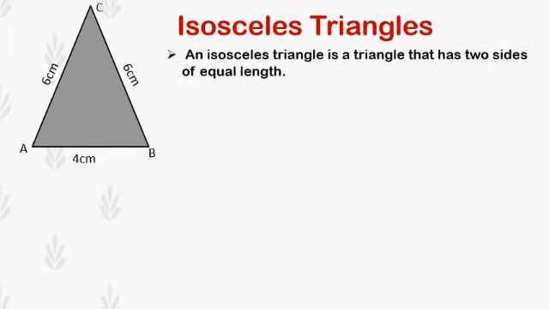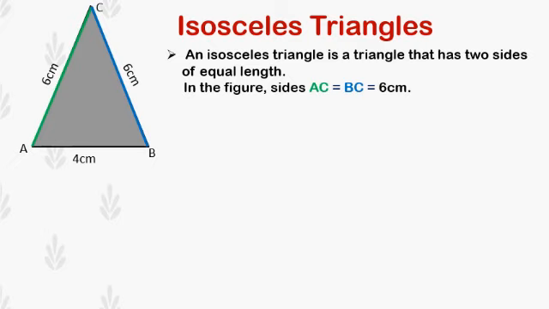An isosceles triangle is a triangle that has two sides of equal length. In the given figure, side AC and side BC are equal in length. Both are 6 centimeters each. That is, side AC equals BC equals 6 centimeters.